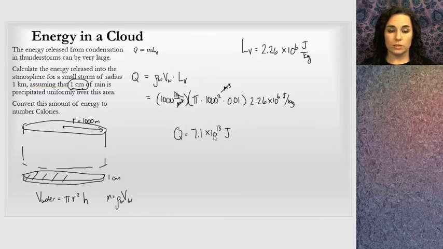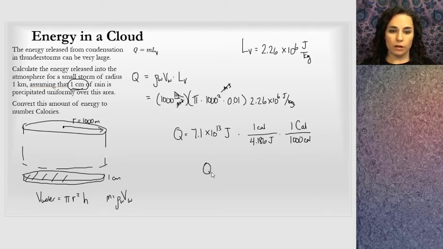10 to the 13th, that seems like a lot. Okay. Let's remember that it wants the amount of energy in calories. If I think in calories, I have a little bit more reference point. I'm familiar with what calories are. We're going to remember that there are 4.186 joules in 1 little c calorie, and that there's 1,000 little c calories in 1 big C calorie.